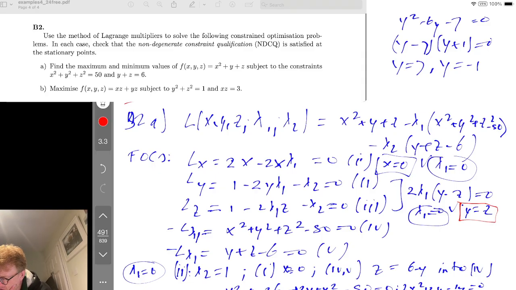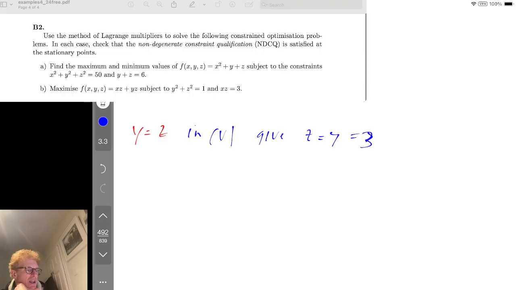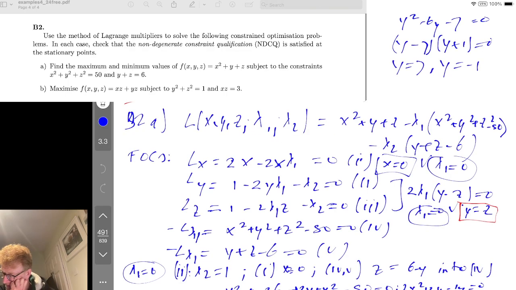So you need to develop the case y equals z. We put y equals z into 4 and 5. Putting y equals z in 5 gives us z is 3, so y is z is 3.